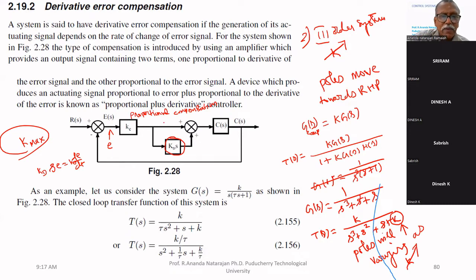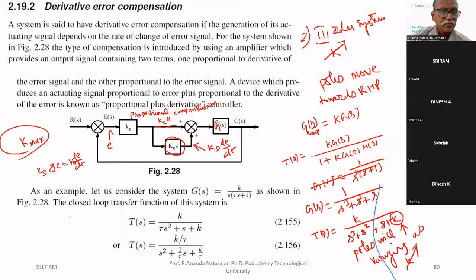So there are two parallel paths. This path is for proportional, Kc times error. This path gives Kd times d by dt. Therefore, the input to the system G of s is two components.